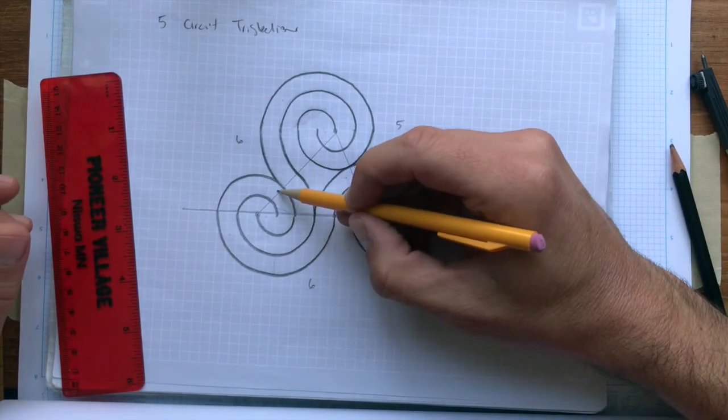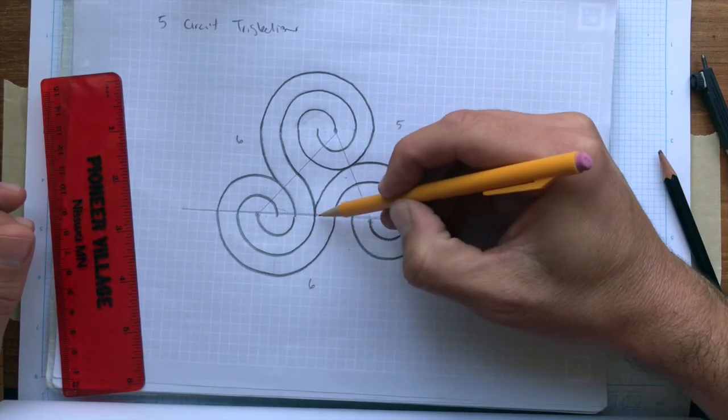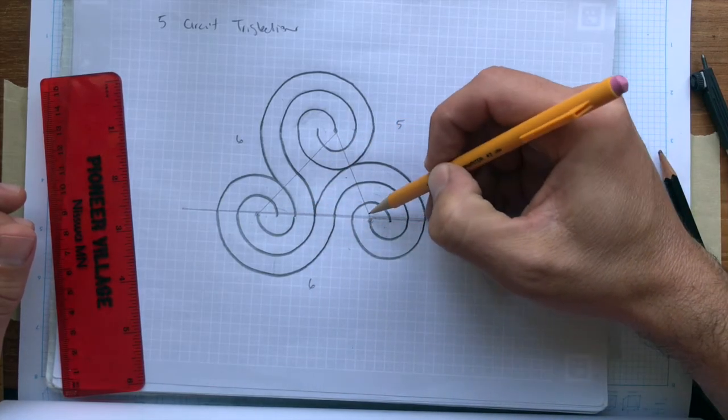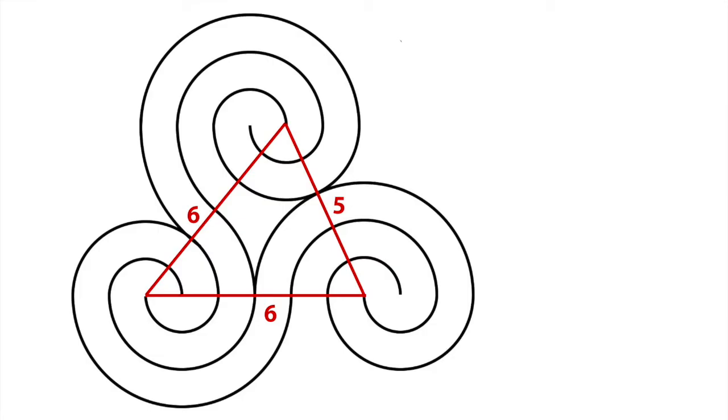So it's 1, 2, 3, 4, 5, 6 pathways to that point, 1, 2, 3, 4, 5, 6 pathways to this point, and 1, 2, 3, 4, 5 pathways to this point, right?